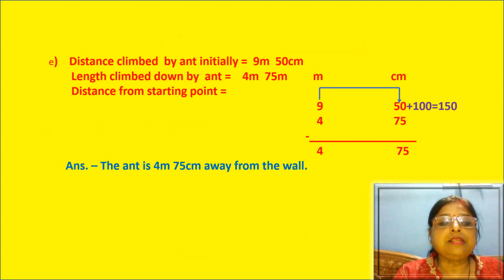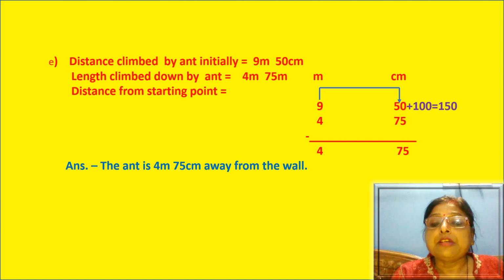Question A. The distance climbed by an ant initially is 9 meter 50 centimeter and then it came down 4 meter 75 centimeter. Now the distance from the starting point, you have to subtract. So 4 meter 75 centimeter will be subtracted from 9 meter 50 centimeter. You can't subtract 75 centimeter from 50 centimeter, so you have to borrow from meter, that is equal to 100 centimeter, and adding here you get 150 centimeter.